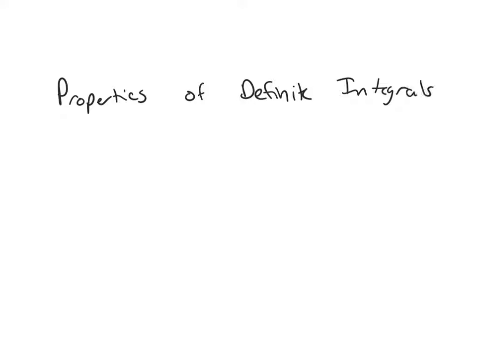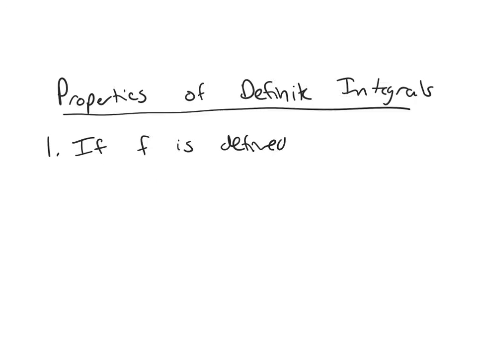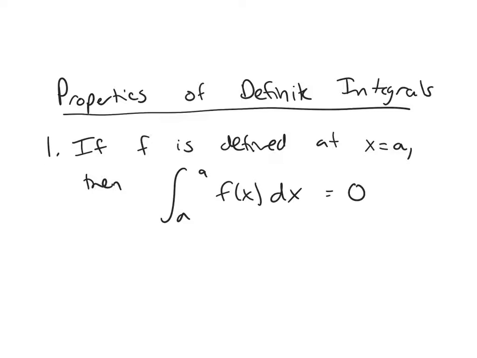So now let's talk about some properties of definite integrals. So the first one, if f is defined at x equals a, then the integral from a to a, f of x dx, is 0.